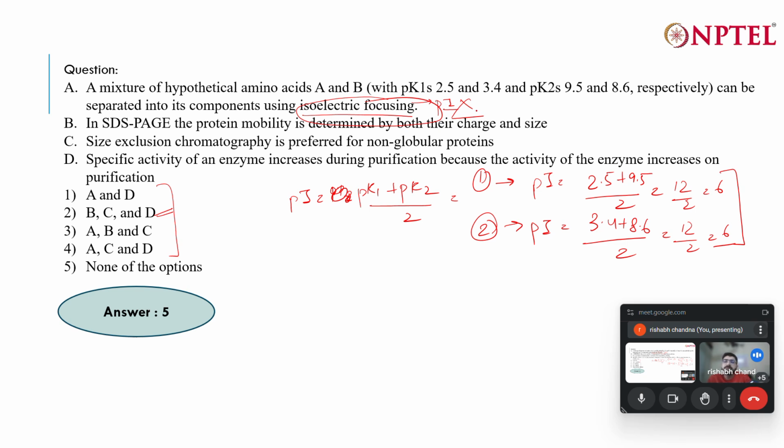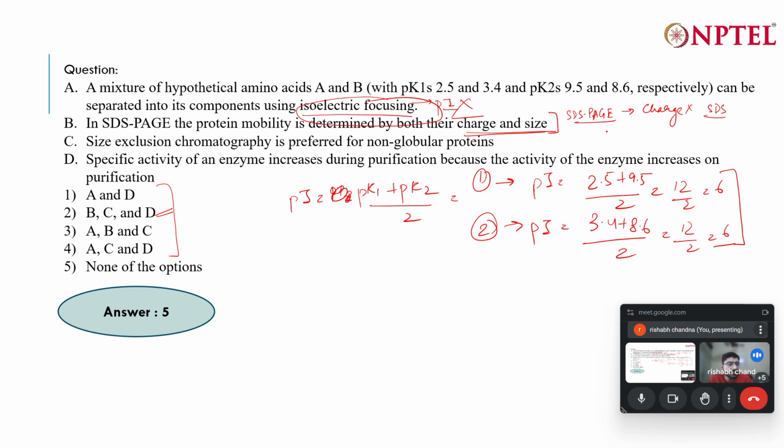Then, in SDS-PAGE, the protein mobility is determined by both their charge and size. Because in SDS-PAGE, the proteins are not separated on the basis of their charge. Why? Because we are using SDS that provides a negative charge to the protein.